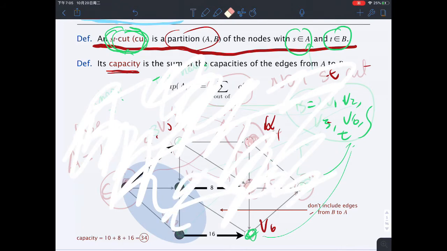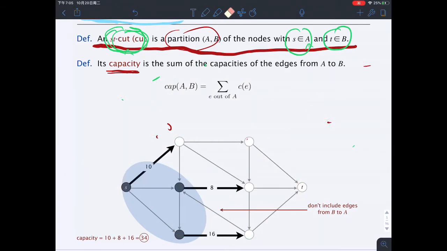Sorry, there was a bit of interruption. Let's repeat how we can define the capacity of a cut. This is a pretty straightforward concept.